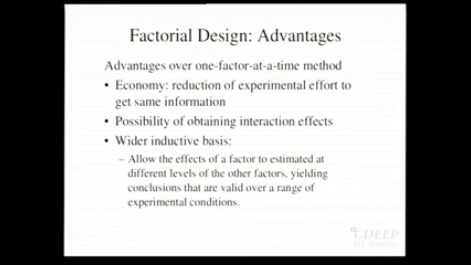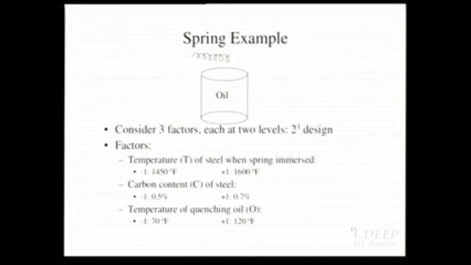Whereas in one factor at a time, essentially I am getting those partial derivatives when other things were held constant. So I do not know what those derivatives will be when other things change. So it is not that representative. Fine. Some of these are hand waving arguments about why this factorial design is better.